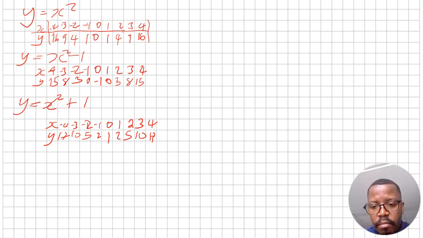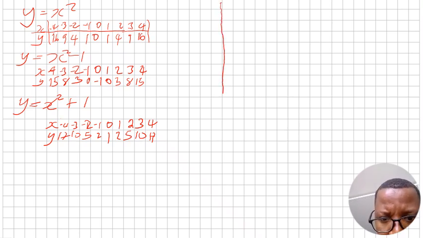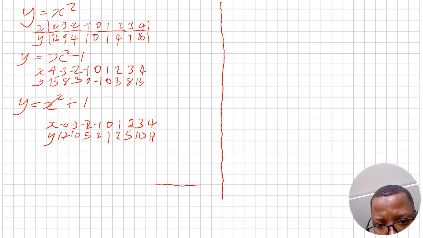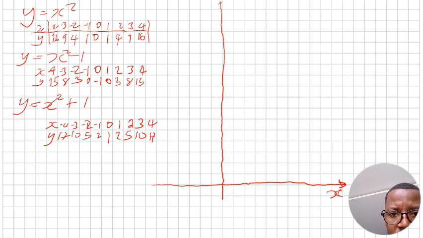Okay, so reaching this far, we need to plot these, and we have to plot them on the same graph paper. So let's see. This is our x-axis, and this is our y-axis.